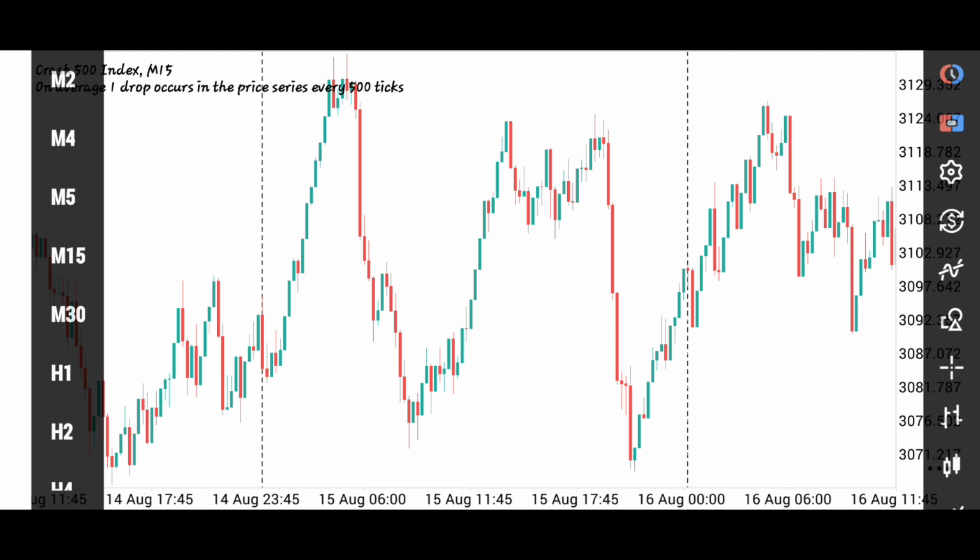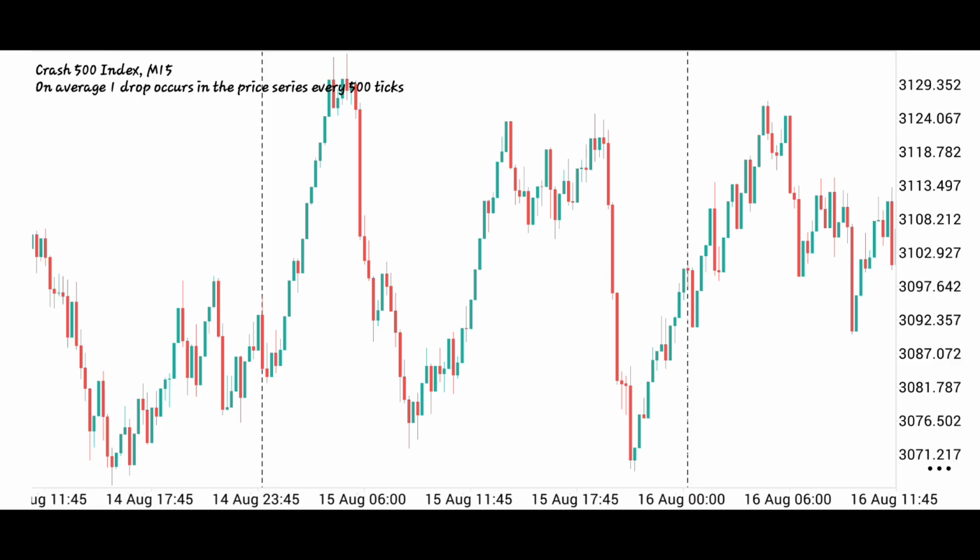Our elements to the trade setup are a liquidity sweep, a displacement, a market structure shift, and a return to the area of interest. That is what we're going to be learning today.